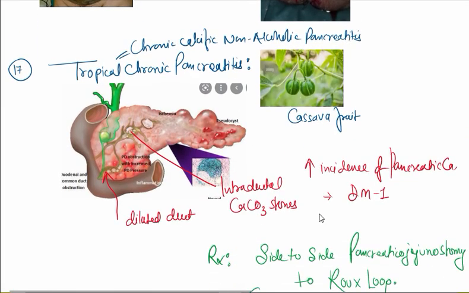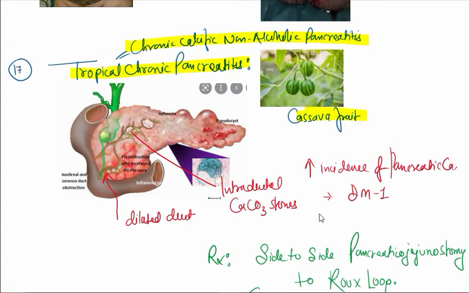Next one, what is tropical chronic pancreatitis? Here are the cassava fruits, and persons consuming this product regularly can develop tropical chronic pancreatitis, also known as chronic calcific non-alcoholic pancreatitis.